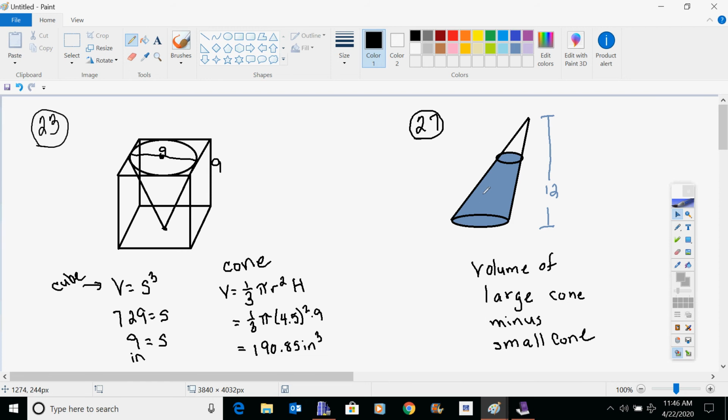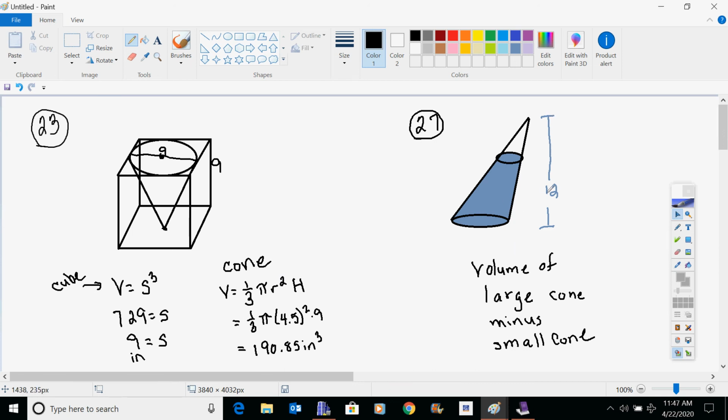So you find the 2 volumes, the volume of the big one minus the volume of the small one, and that'll give you the volume of this blue shaded piece. That should be a good hint to get you going, especially since we know the volume of a cone is 1/3 pi r squared h. So you would use that formula twice.